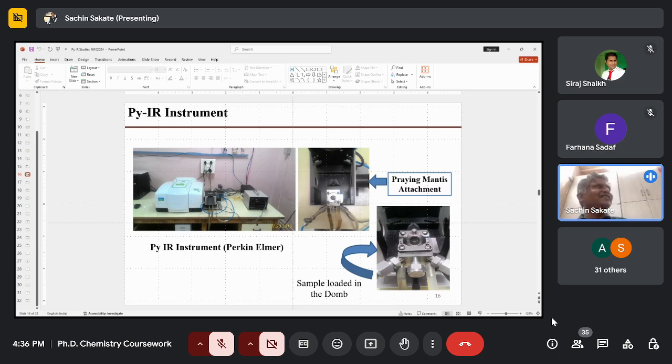Instrumentation is very difficult to understand, and many people may not be happy with that, but it is also part and parcel of the research, so we have to focus on that. So if you have queries or doubts or questions, you can ask without hesitation.